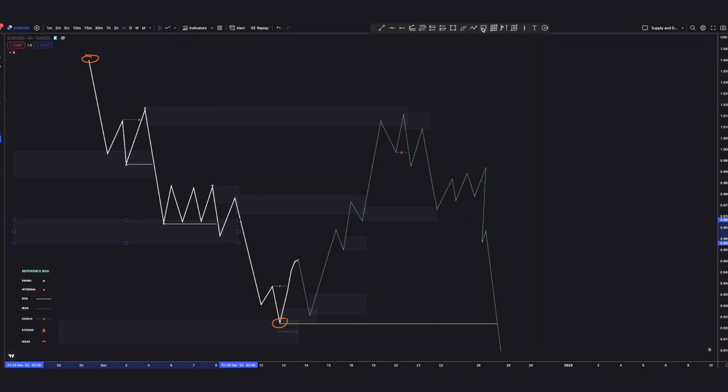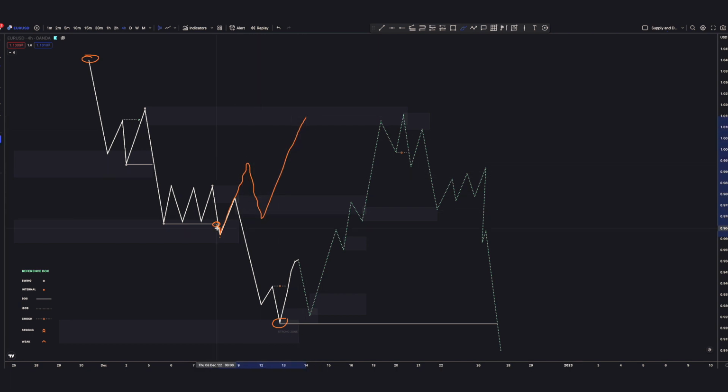So people would enter on the break here, but this zone still was respected. There was no break of this zone, so they would enter here, price would break the equal lows, and then we would have a change of direction to going up.